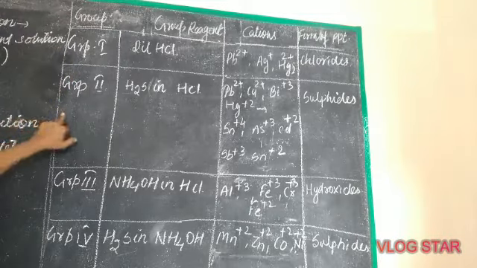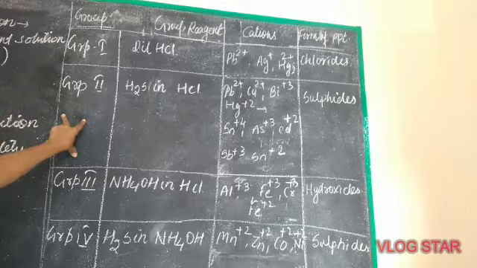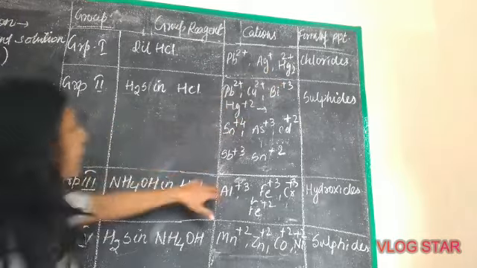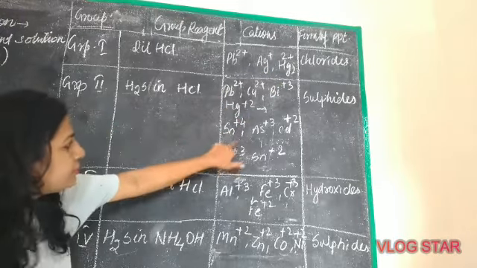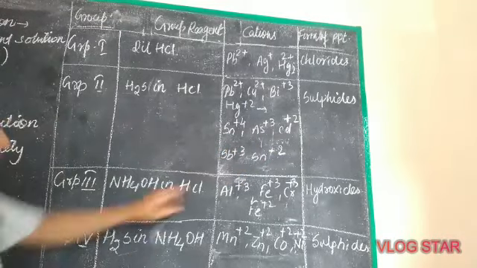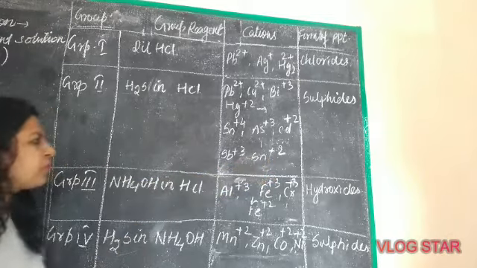Group 2, the group reagent is H2S, that is hydrogen sulfide gas, in presence of HCl. The cations are Pb2+, Cu2+, Bi3+, Hg2+, Sn4+, As3+, Cd2+, Sb3+, Sn2+.